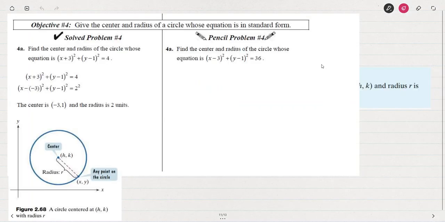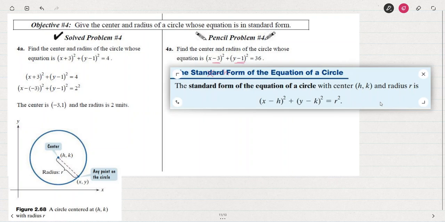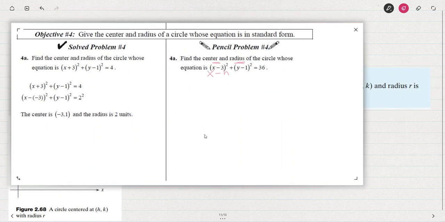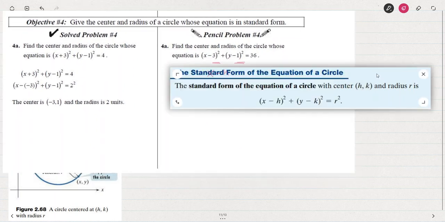When we have the equation written, we can pull out the h and the k. Now, remember what that formula looked like. X minus h. Let me pull this out in front. X minus h and y minus k squared.